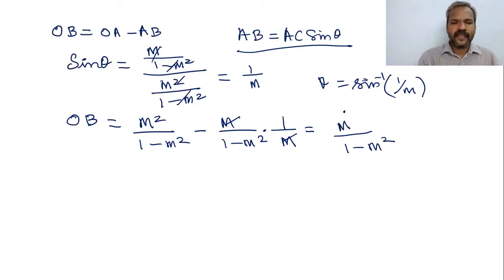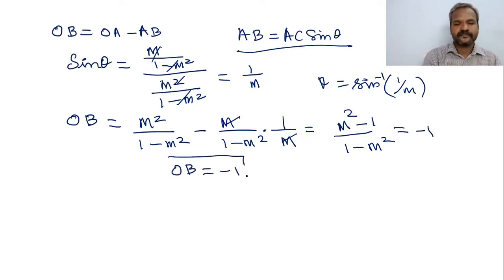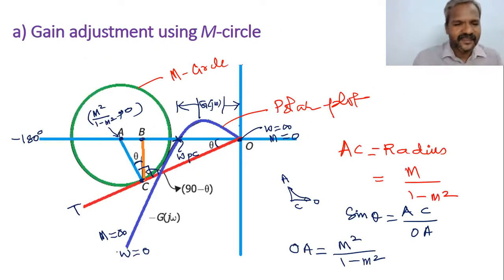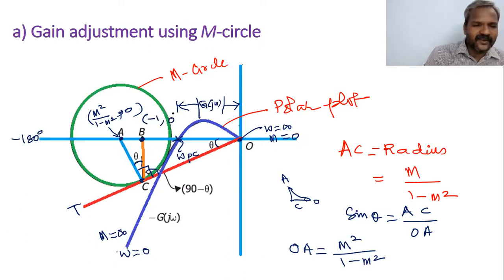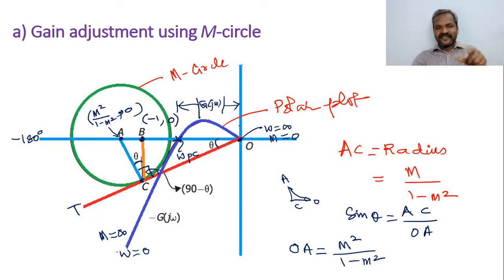So m square minus 1, m square minus 1. If you interchange this, it becomes minus 1. So OB equals minus 1. What do you understand from this? This point B is minus 1 comma 0.